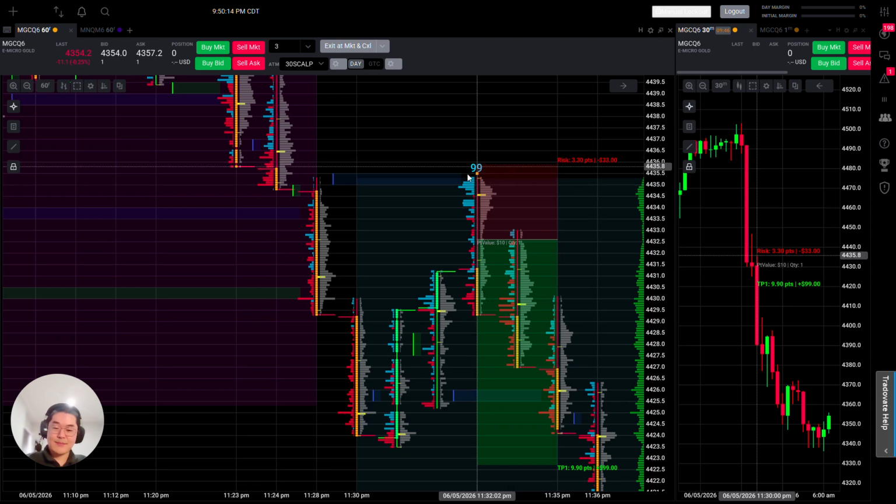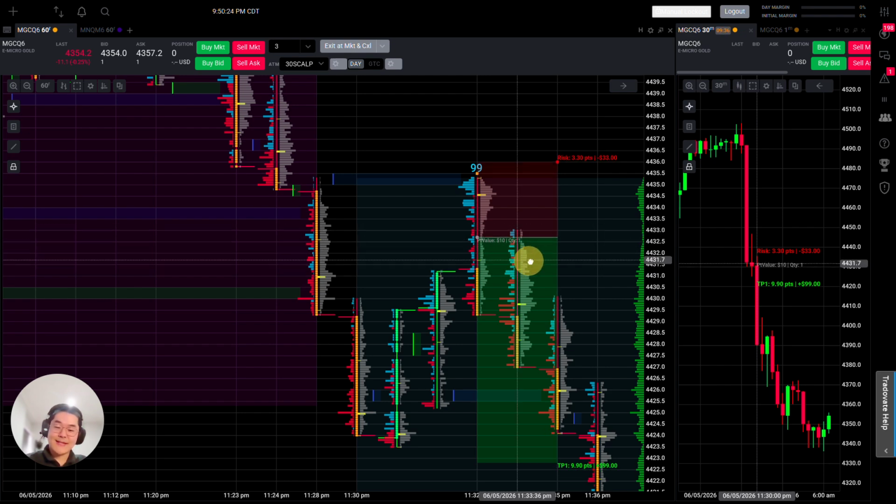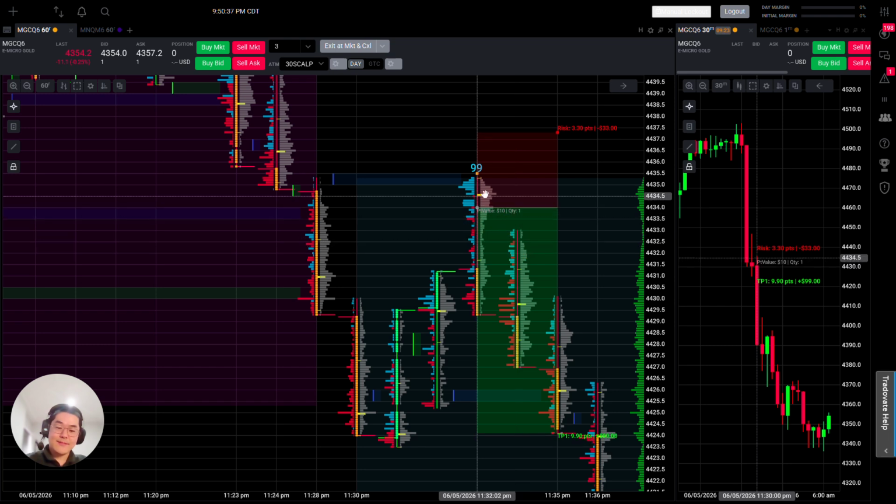So we can place our stop loss here. And we know that this area has low volume, so not many orders are going to get transacted here. So most likely price does not want to transact here. So we would take a sell as price enters into this area, or if you're very conservative, you could enter right up here at the highs of this cluster to try to enter with that seller.